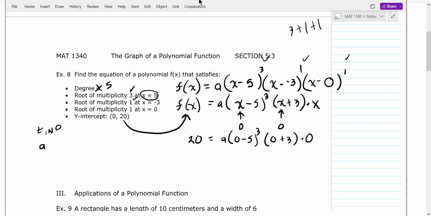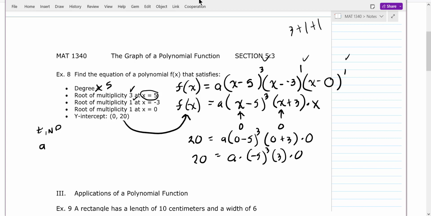Okay, so what we end up getting on this problem then is we're going to have 20 here, and all this stuff right here will end up being negative 5 to the third times 3, and then that'll be a times 0. So what's going to happen in this case is, if you have x equals 0 as one of your zeros, that's going to cause this stuff right here to all be 0.